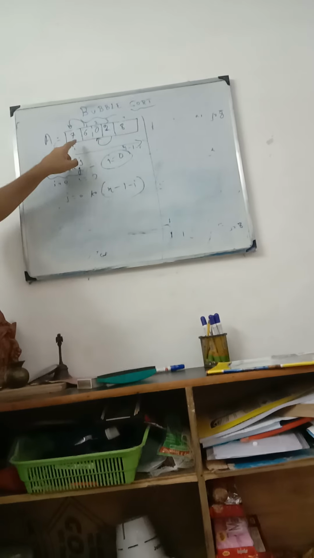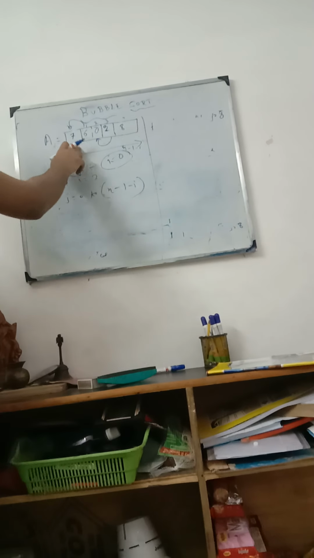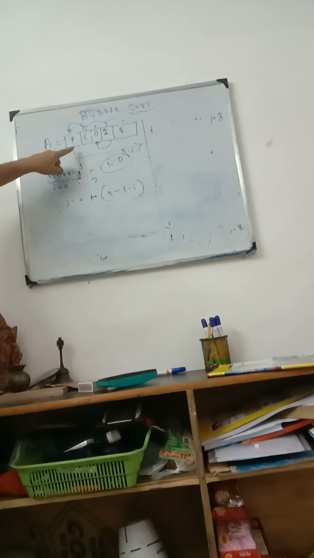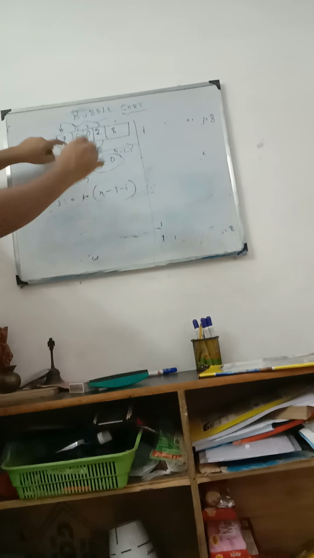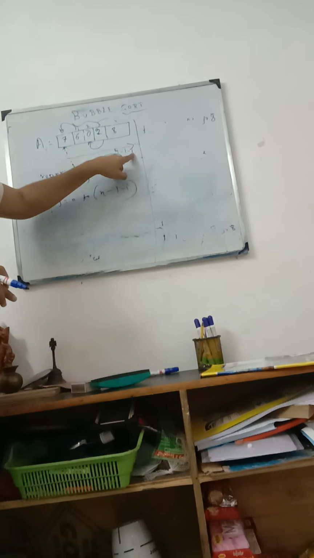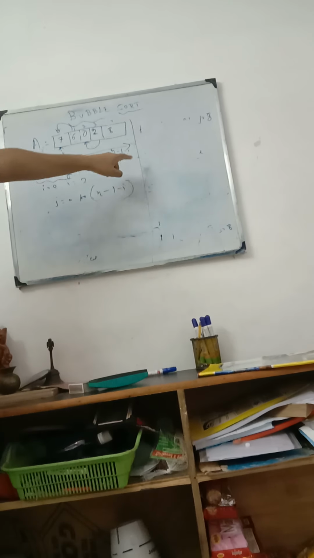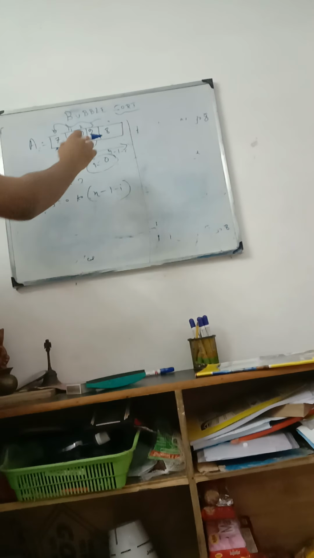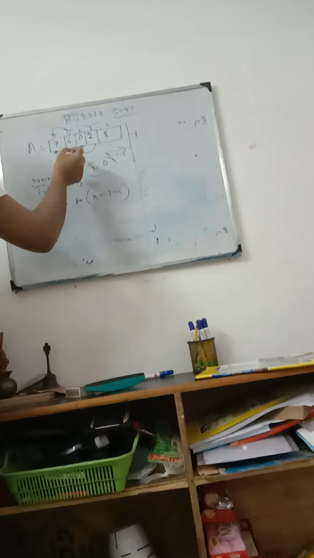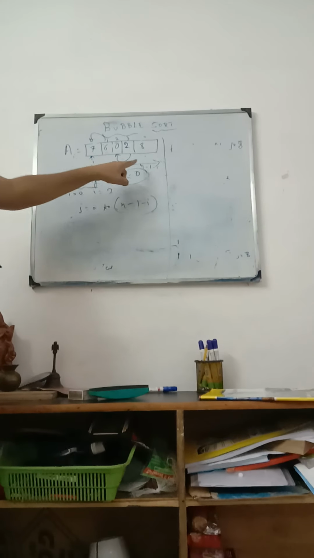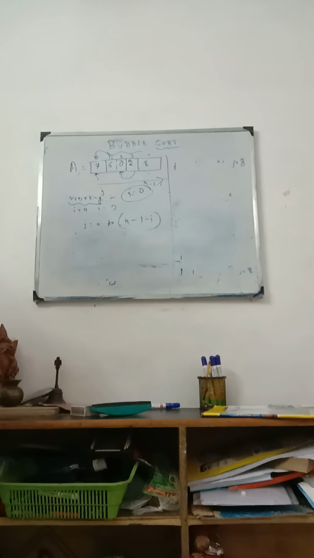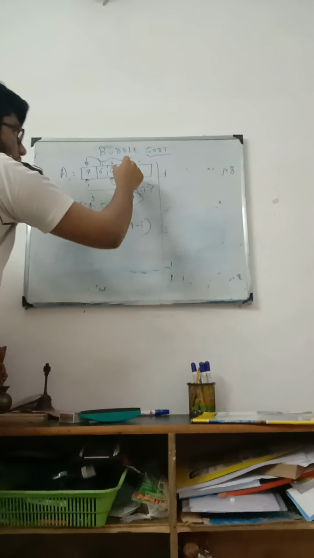What does it mean? It means that it will iterate from the first element till n minus 1 minus i, that is, till the variable which is dependent upon the value of i. It means if i is 0, it will iterate till n minus 1, which is this. Then when i is equal to 1, it will iterate till n minus 1 minus 1, which means n minus 2, till this.